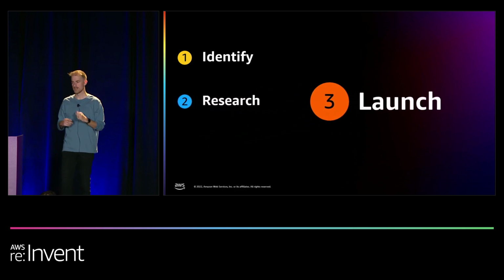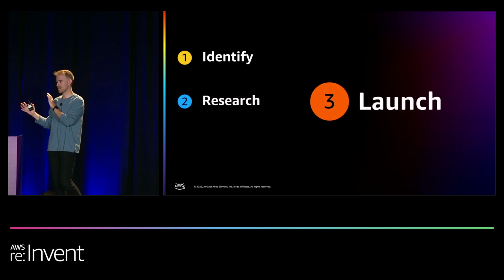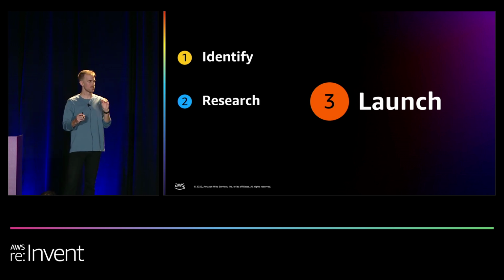The last one I'll say is launch. Now this is kind of an iterative approach where you might launch something, you integrate with their APIs, and you decide, hey, that's not cool, I don't want to do that. Or maybe you start a small pilot program just with their back-end accelerators, whatever it is, different providers will provide you with different ways to test out your integrations. So it's all about iterating and saying, okay, out of my 2 to 4 options, I'm going to start playing around with their APIs.